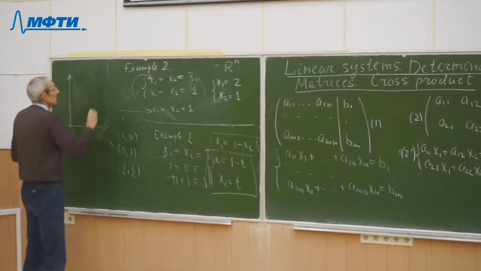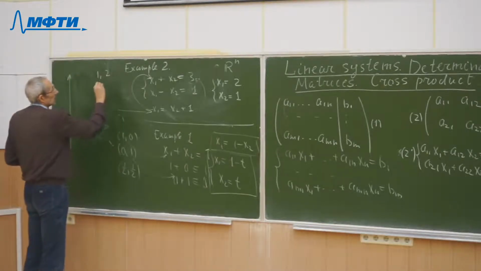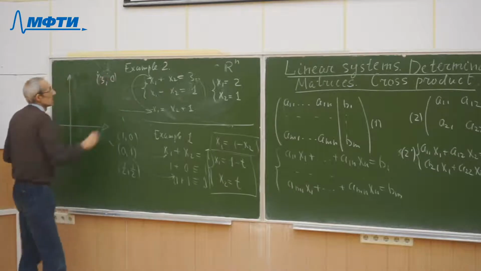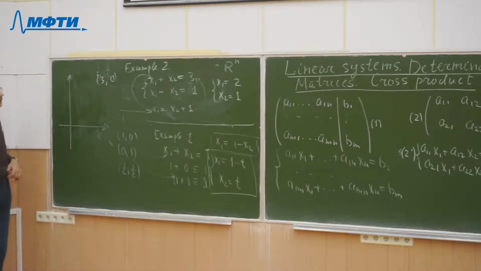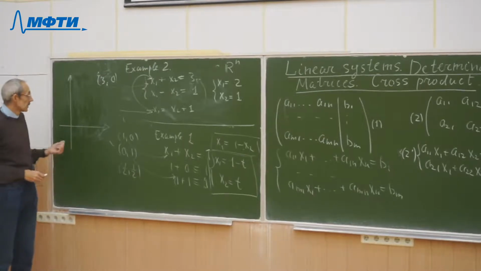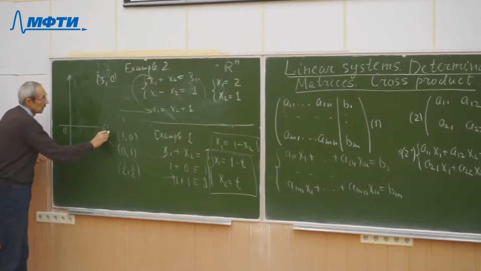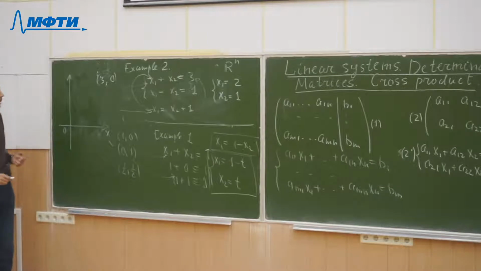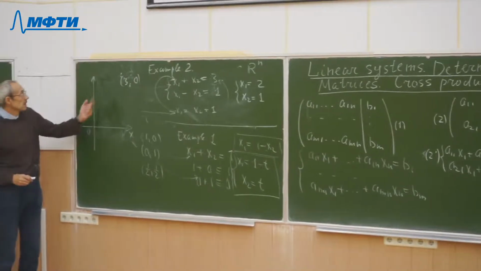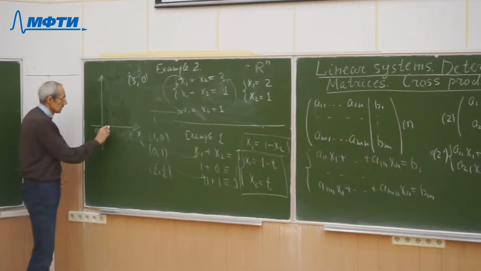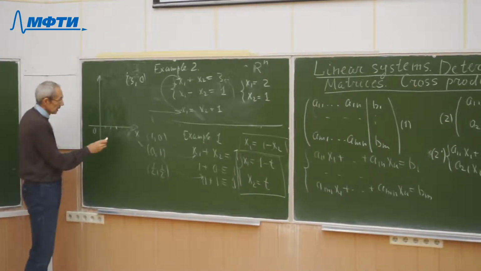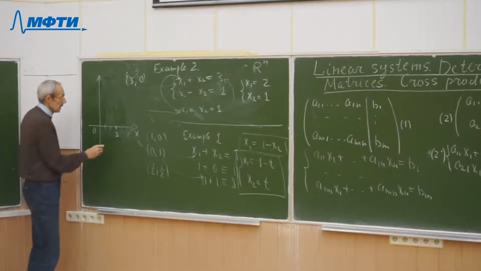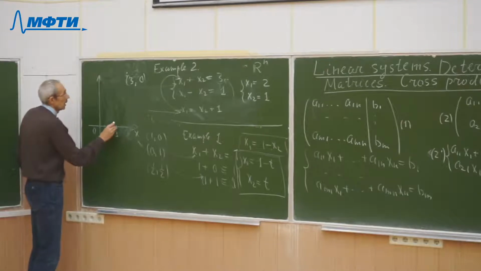For example, (3, 0) is the first solution of this equation, and the point on the coordinate line Ox corresponds to the solution, and this point has coordinates (3, 0).